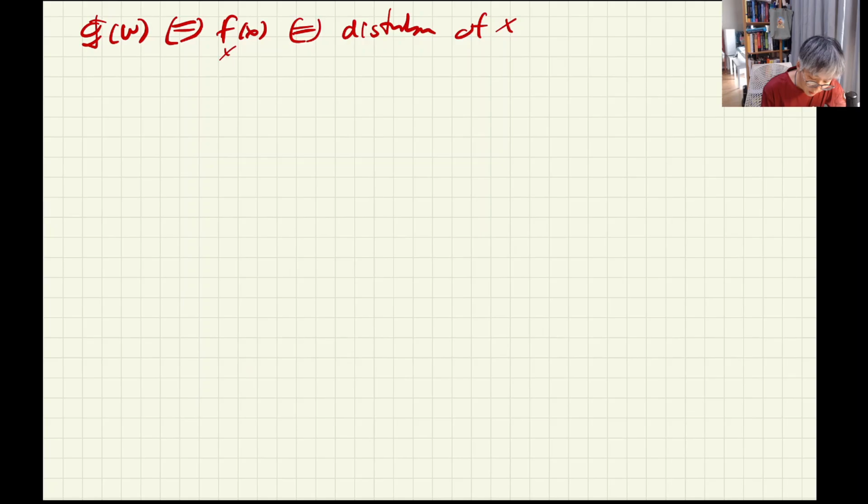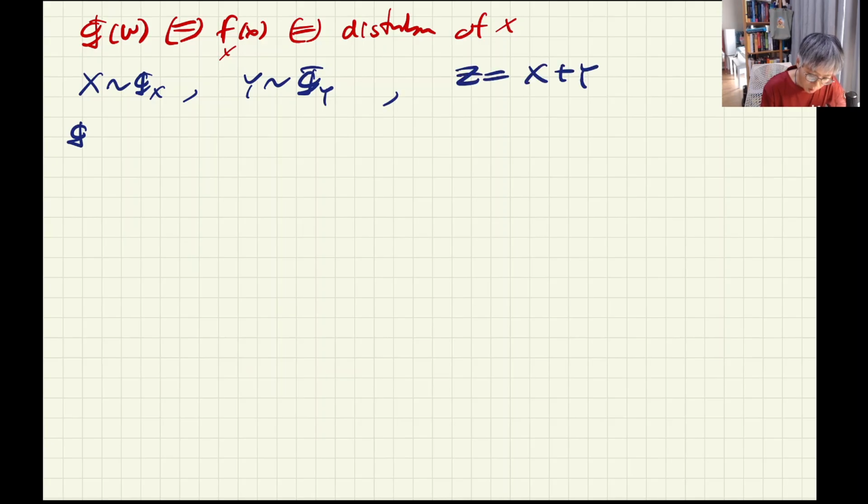When we have X that has CF phi X, and suppose we have Y with the corresponding characteristic function phi Y, consider the new random variable Z equals X plus Y.